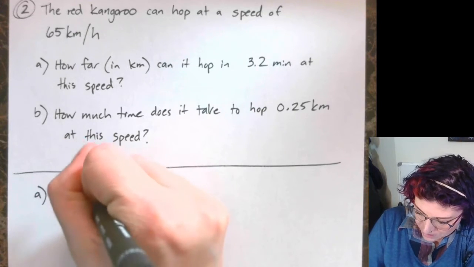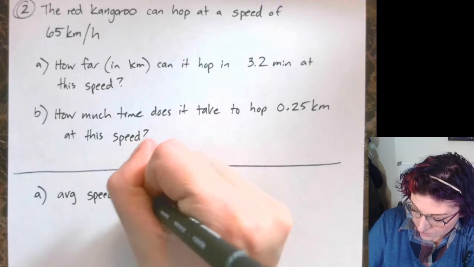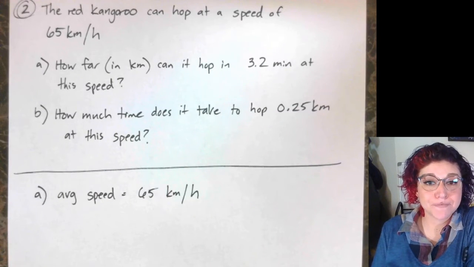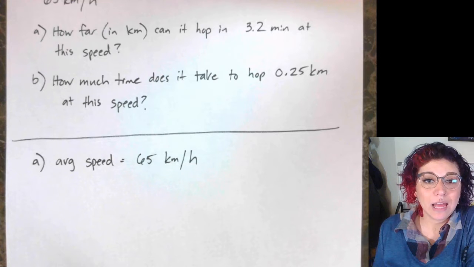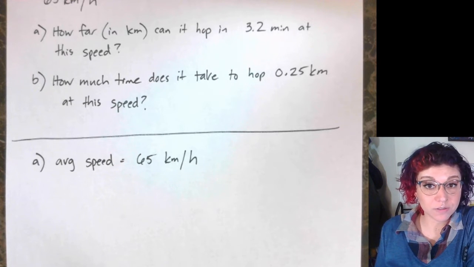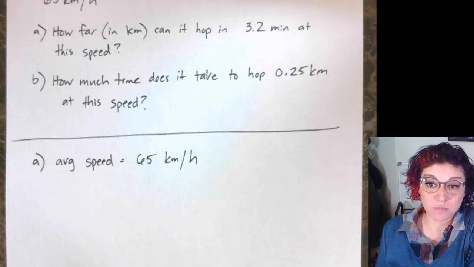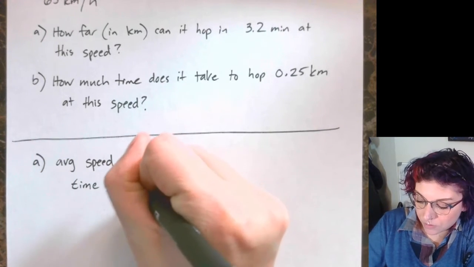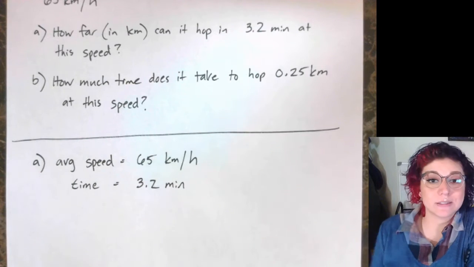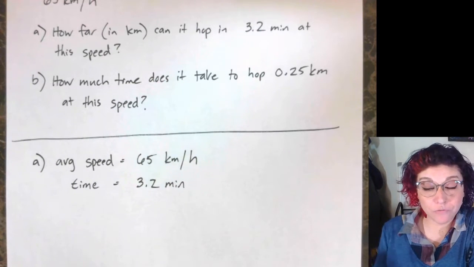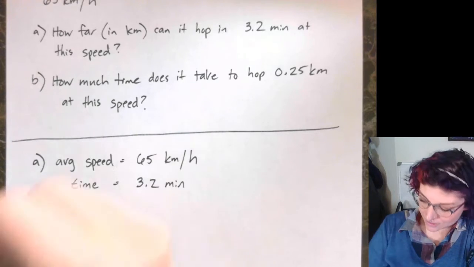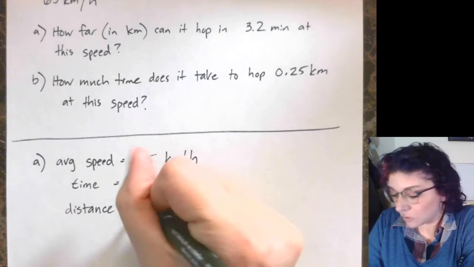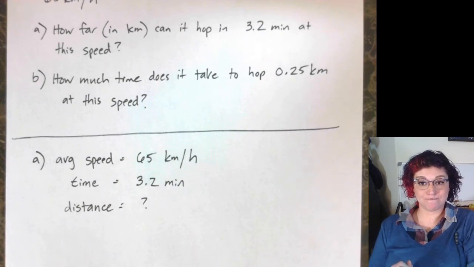So average speed equals 65 kilometers per hour. Part A, how far in kilometers can it hop in 3.2 minutes? So we know that the time we're working with is 3.2 minutes. How far, distance, can it travel? That's what we're looking for.